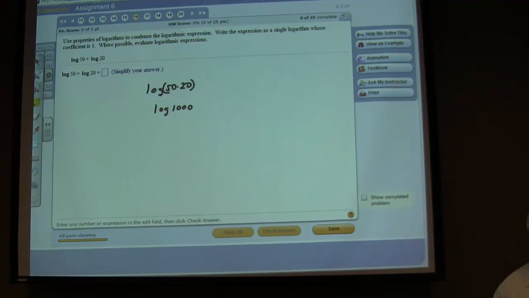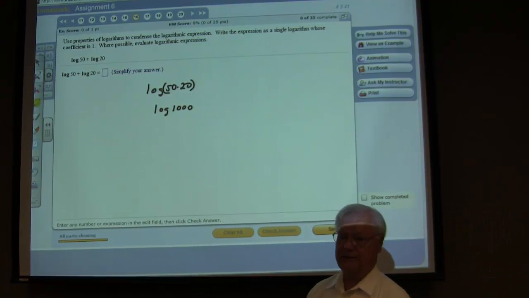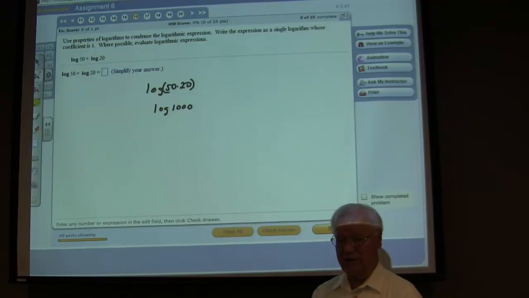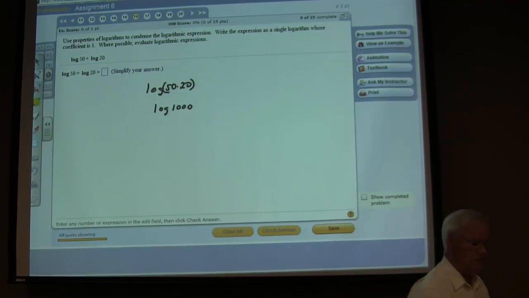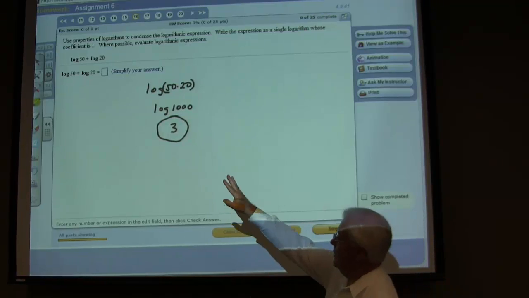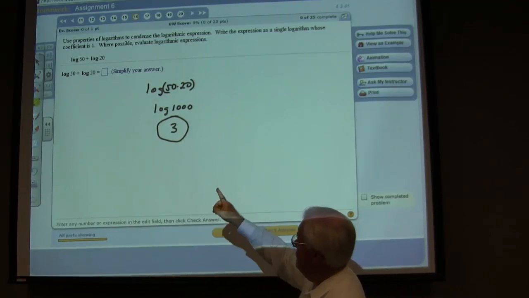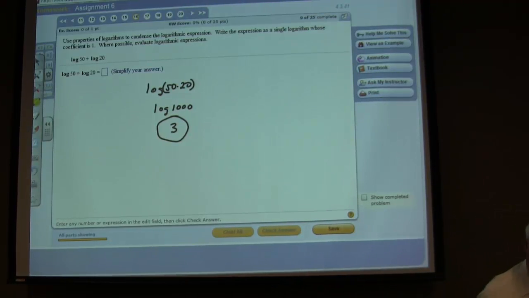Oh, wait a minute. 1,000. Maybe that's a power of 10. Let's see. 10 times 10 is 100, and 100 times 10 is 1,000. That's 10 cubed. So what's the log of 1,000, base 10? 3. So your final answer is just 3. Who would have thought that all of that up there, log 50 plus log 20, would be just 3? But it is. Okay, so that's 16.